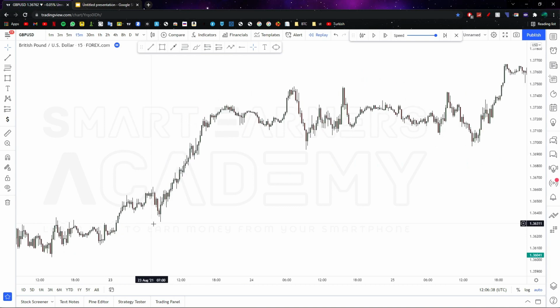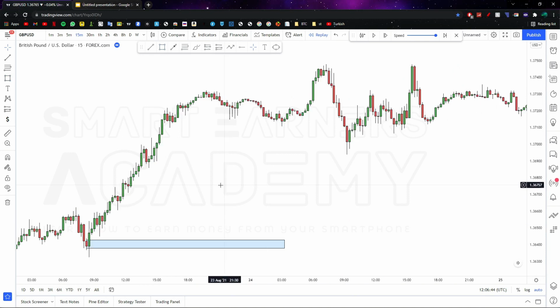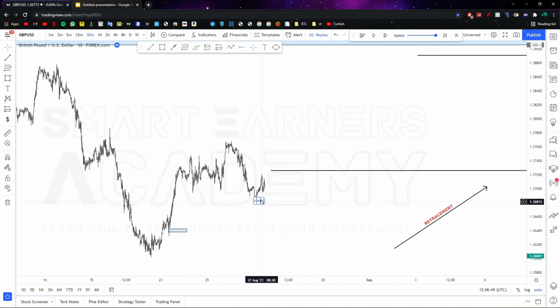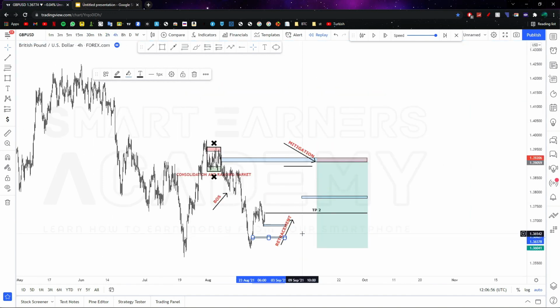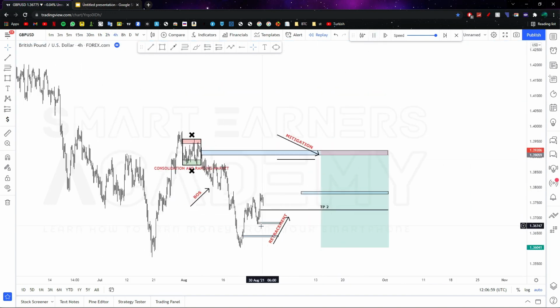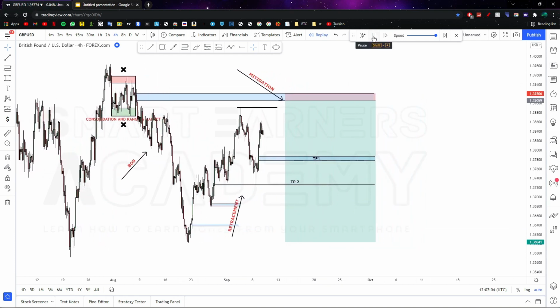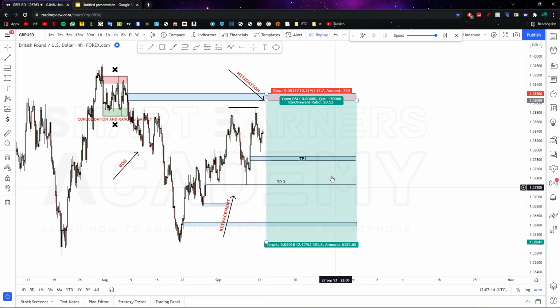So I'll put it around here, and of course we can have another one over here. Just extend these to the right and go into the higher time frame. Okay, now we're near our reaction area, so we'll just move these along to the right.